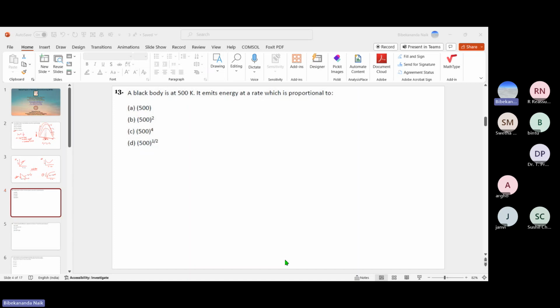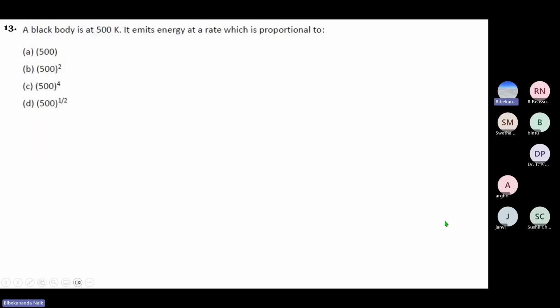I am saying the relationship between the emitted energy rate and the temperature. This is known as Stefan's law. And according to Stefan's law, the energy radiated per unit area per unit time is directly proportional to the temperature to the power fourth.